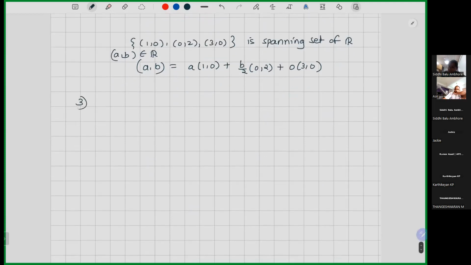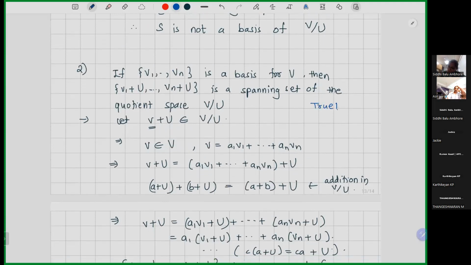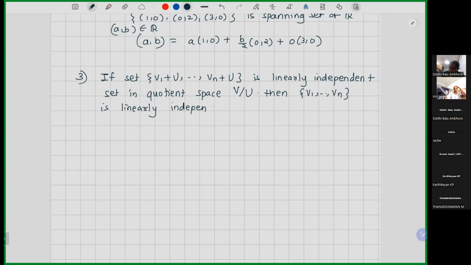Now this one. We have a few minutes. If the set v1 plus u up to vn plus u is a linearly independent set in the quotient space V mod U, then they are asking whether v1 to vn is a linearly independent set in V or not.